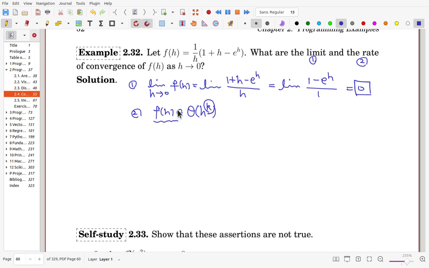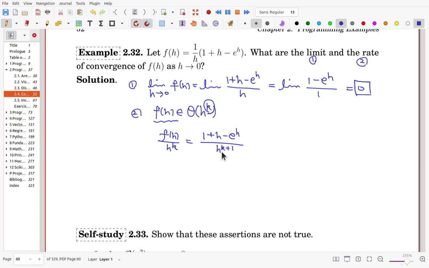Now, to find the k exactly, we start with the definition, the ratio f of h divided by h to the k. Okay, that is the same as 1 plus h minus e to the h, and there is a 1 over h originally, and then h to the k, so that is h to the k plus 1.